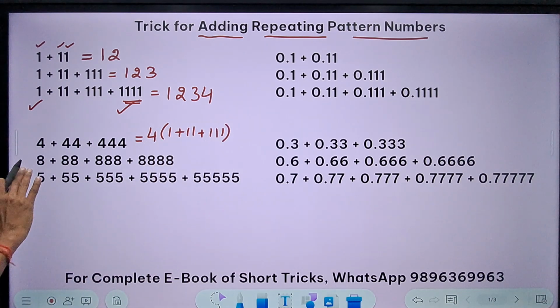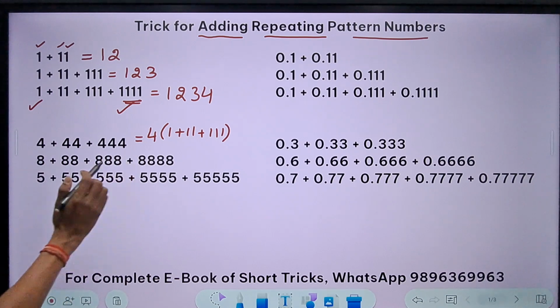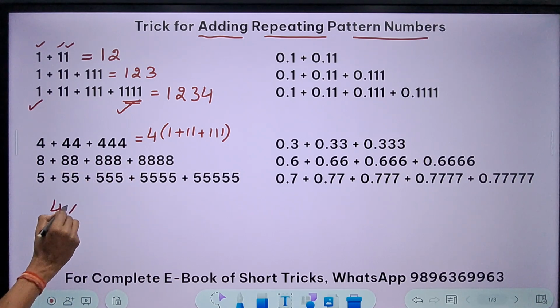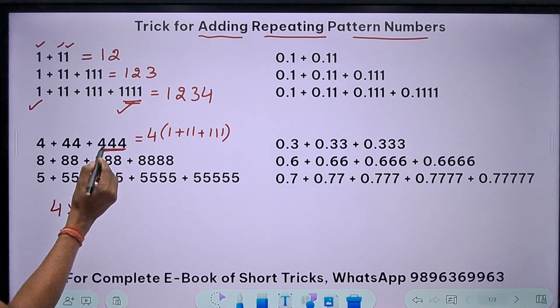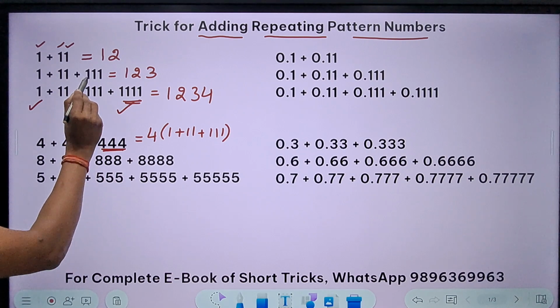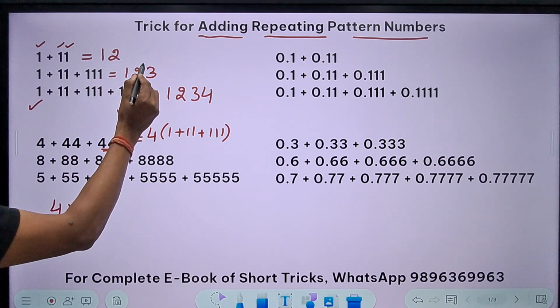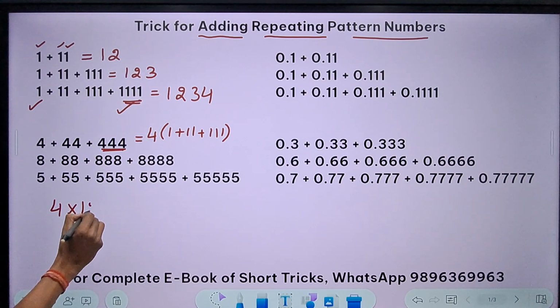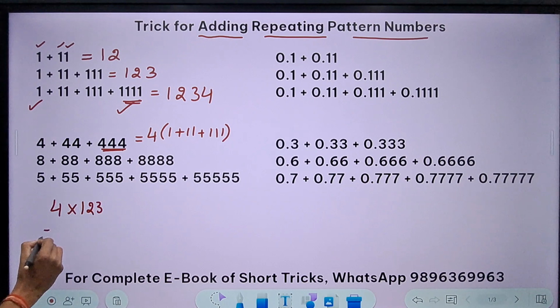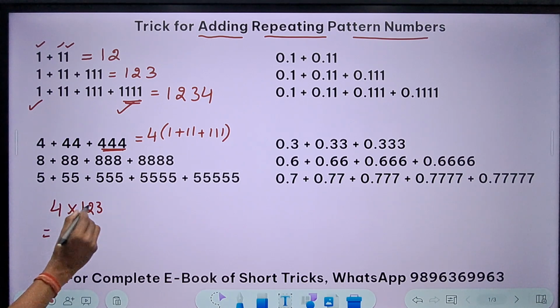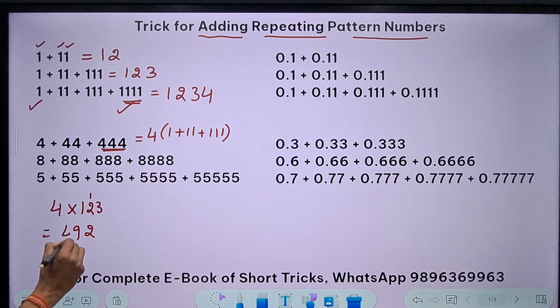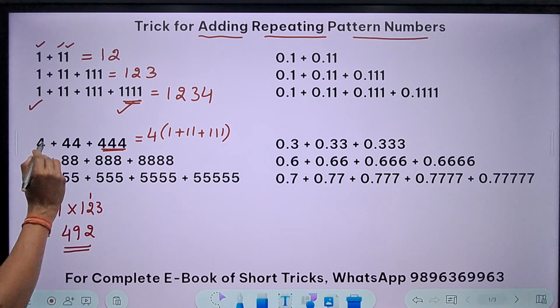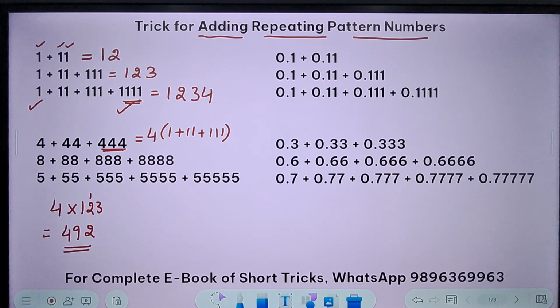And so when you have to add these pattern numbers, you will just do 4 times. How many 4s are there? 3 4s, right? So up to 3, the answer is 1 to 3 here. So just multiply 4 by 1 to 3, you will have your answer for the question. So 4 3s are 12, and then we have a 9, and then we have a 4. So 492 will be the sum of these three numbers.